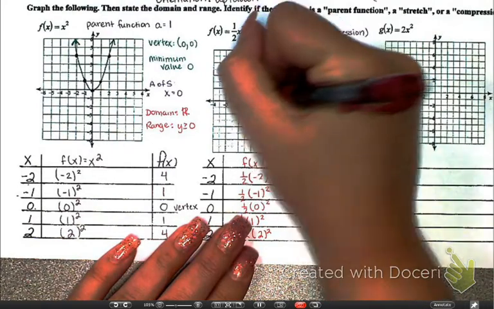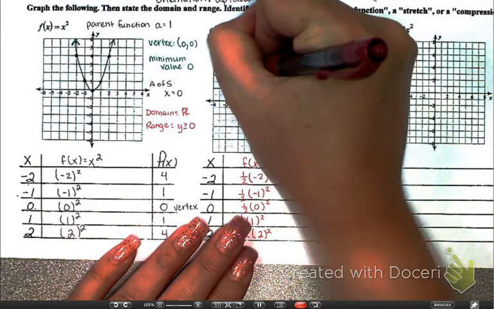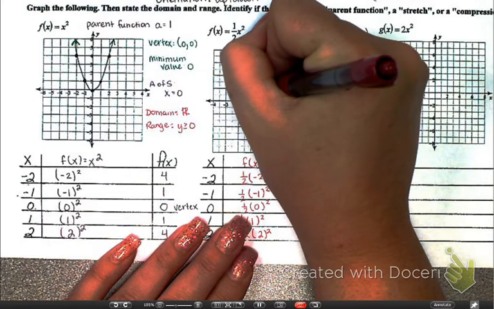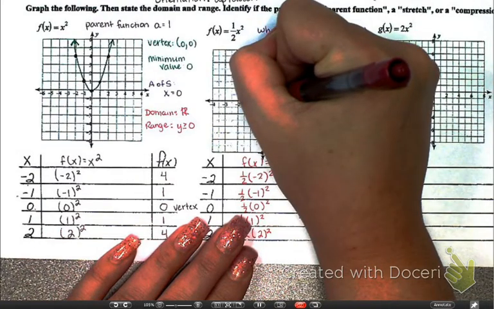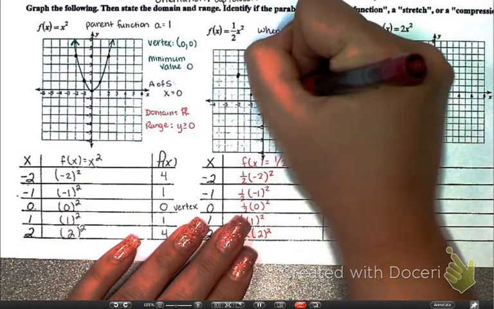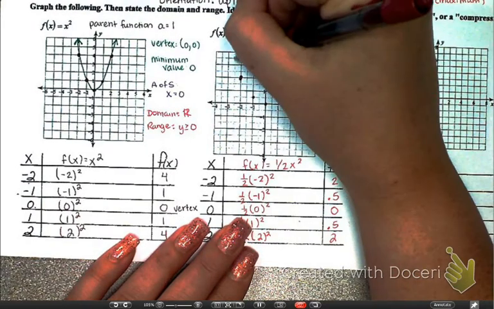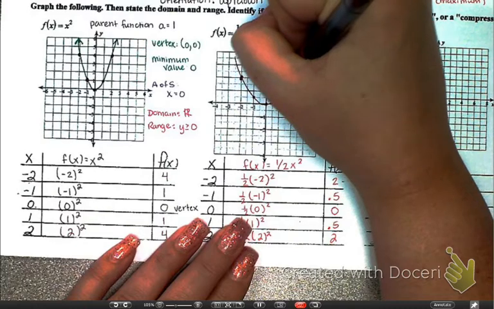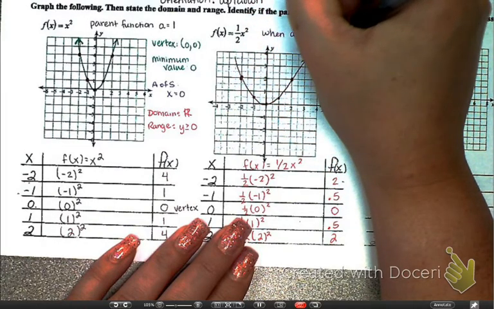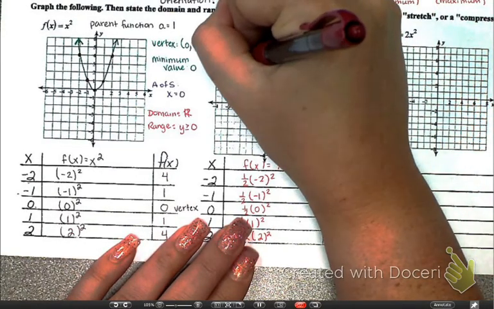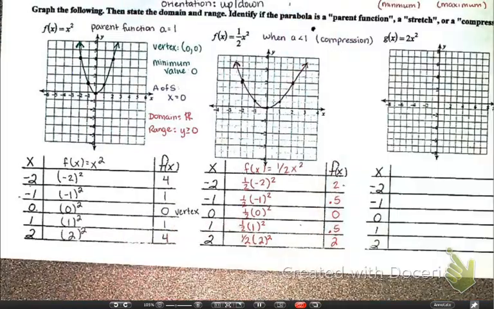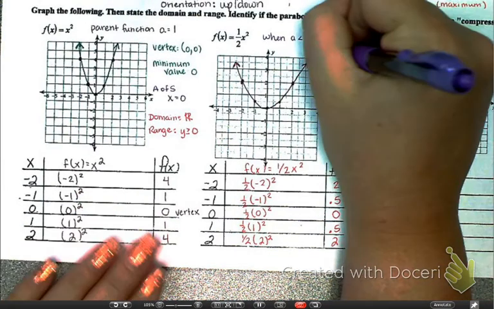So -2, 2, -1, 0.5, 0, 0, 1, 0.5, and 2, 2. Did my graph become wider than my original graph? Okay, so when you compress it down, it's going to be wider.